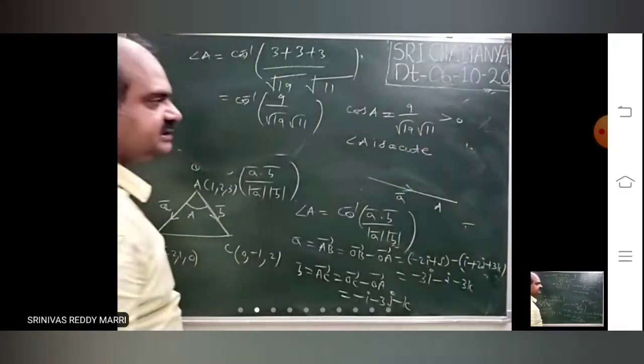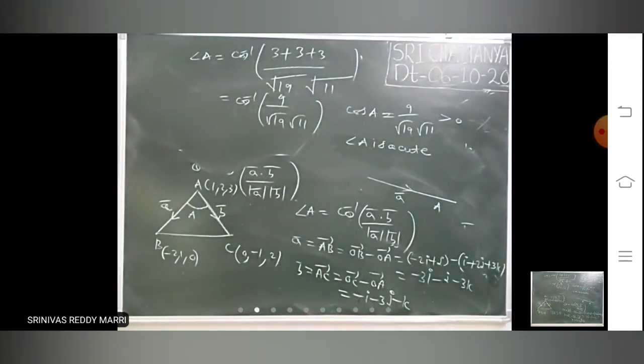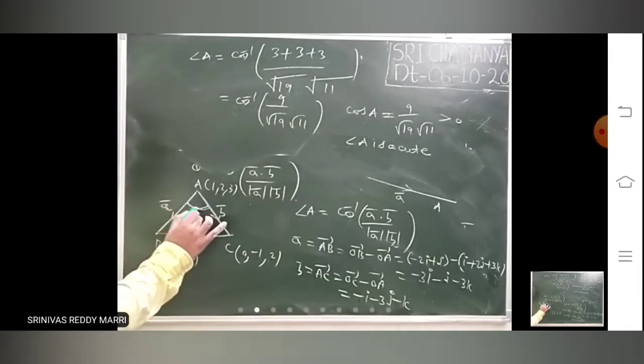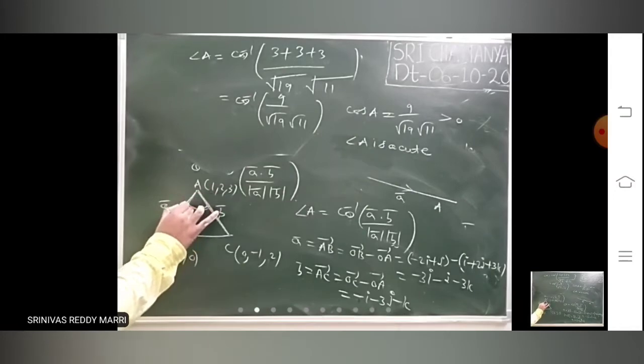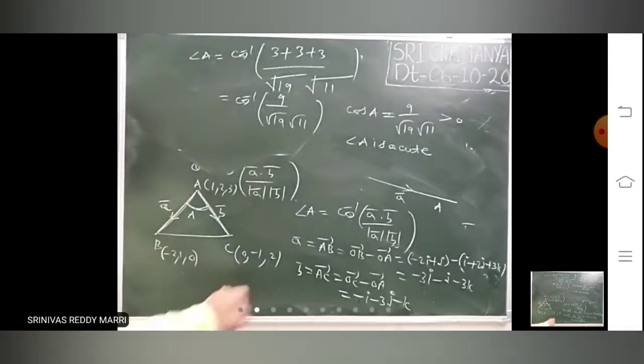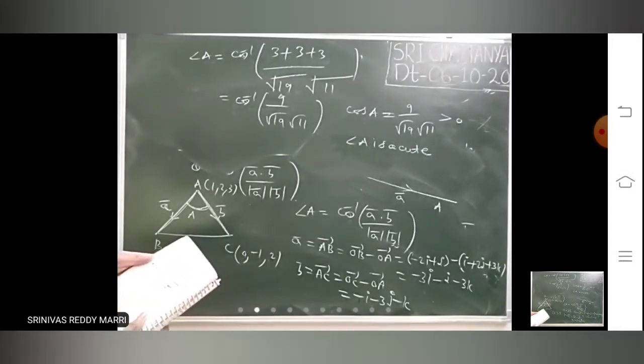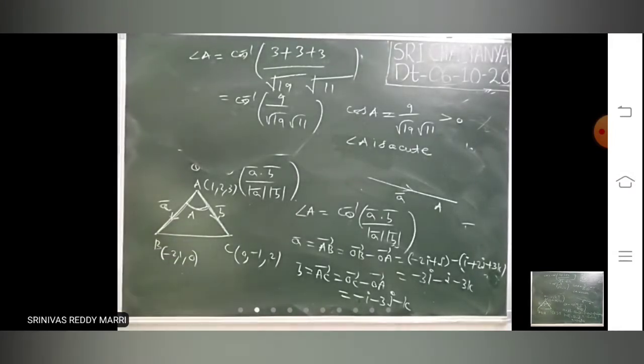If cos A is positive, that angle will be acute. If cos A is negative, then that angle will be obtuse. Like that, whenever you want to calculate an angle, you mark that angle, and from the initial point you draw the directions, one vector A bar, one vector B bar, calculate that, and then the formula is cos inverse of A bar dot B bar divided by modulus of A bar into modulus of B bar. Right?